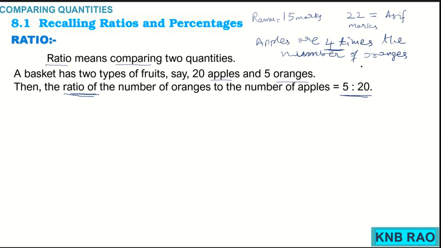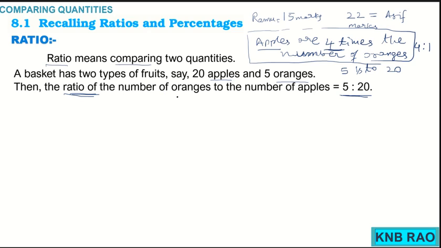Remember children, 5 is to 20. It is again the quotient only, where I compared apples to oranges, which is 4 is to 1.